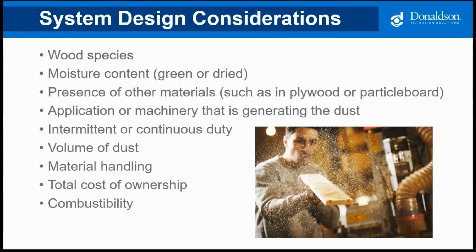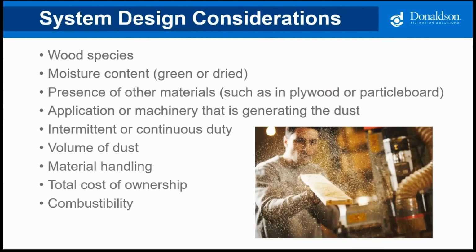In addition to the size of the dust generated, there are a few other factors that we take into consideration to help select and size a dust collection system. We already spoke briefly about the different wood species and types. Moisture content can be a very important consideration. Are there glues and resins present that can create a challenge? What type of equipment or process is producing the dust? What are the airflow and static requirements of the machine?